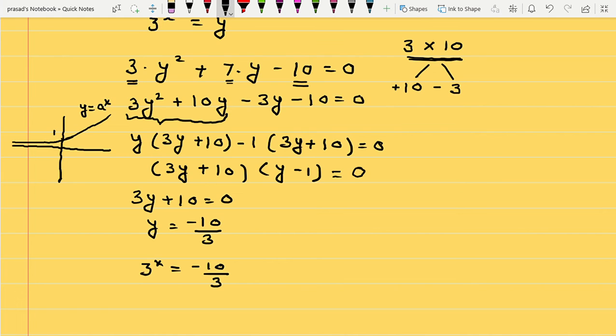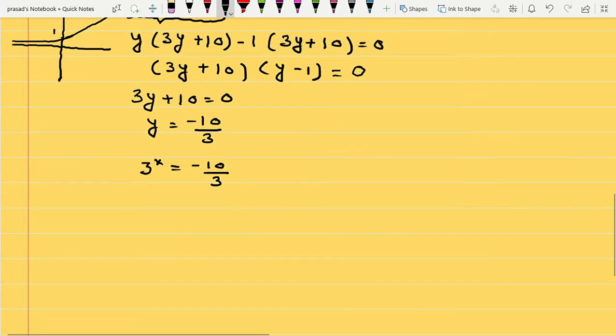Which means the exponential function cannot take any value towards the negative y direction. That means it cannot take any negative value. So 3 to power x is negative 10 upon 3 is not possible. There is no root for this, no solution for this.